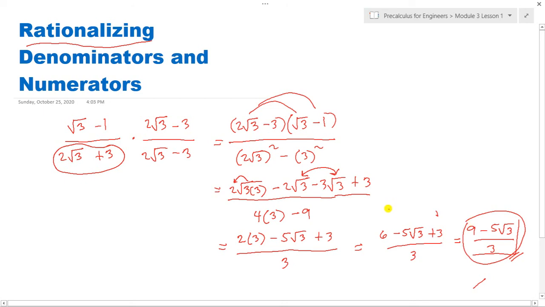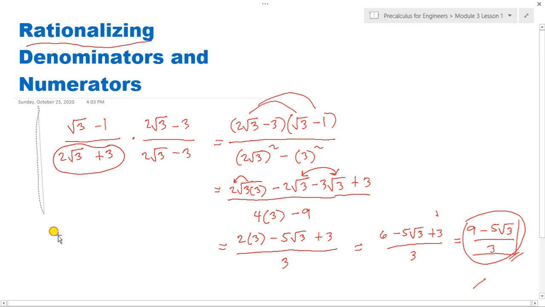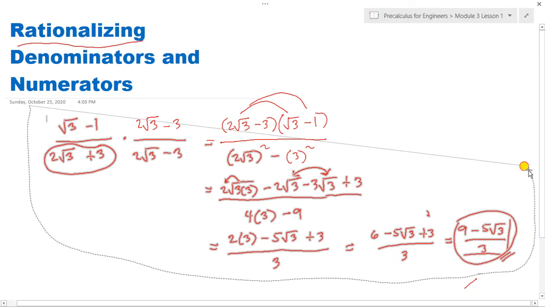So, para ma-show natin yung exact na value, just write this. 9 minus 5 square root of 3 all over 3 is already its exact value in this form. So, ganun lang. Kasi kapag i-convert mo to into its purest form, irrational kasi to eh. So, infinite. Walang katapusan yung decimal places. So, let's have another example for rationalizing radical expressions.